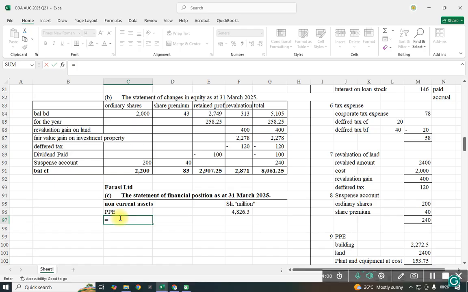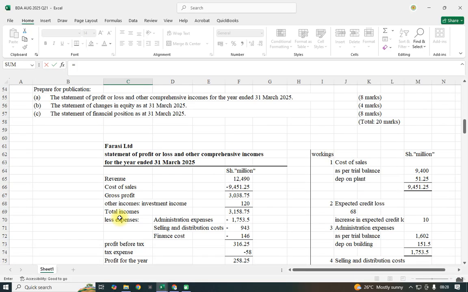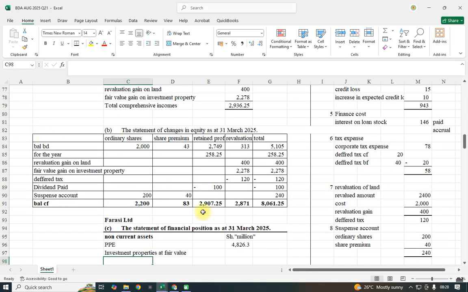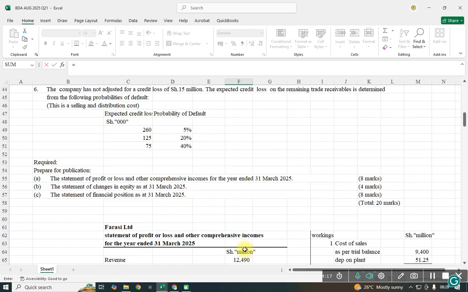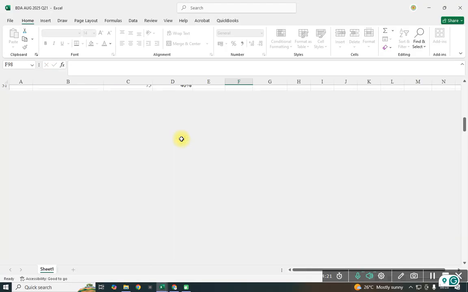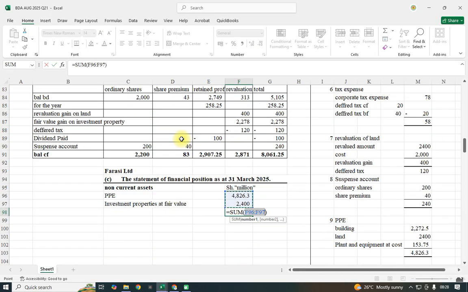We had the investment property, at fair value, which was 24. I think they are the only 2 that we had there.